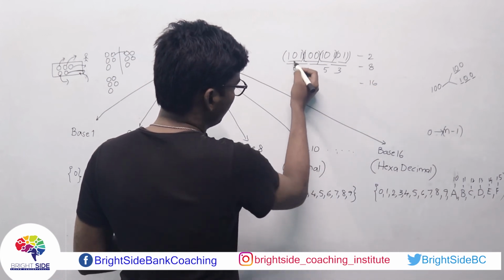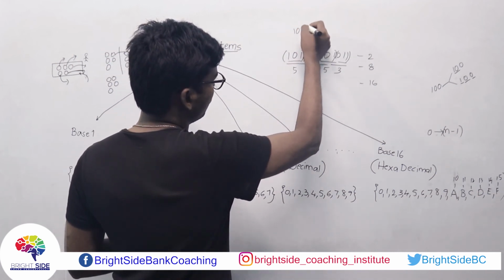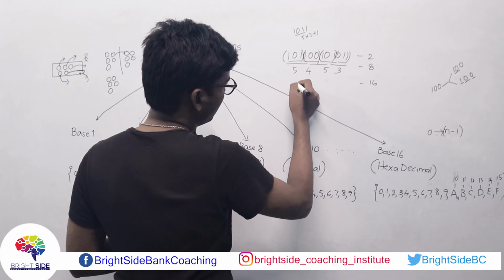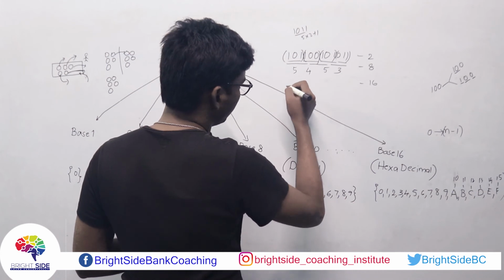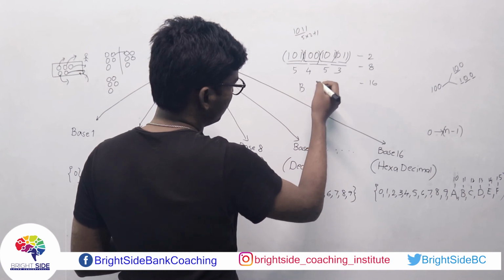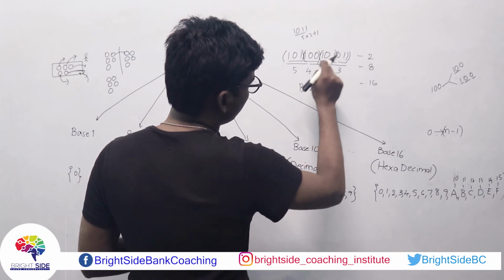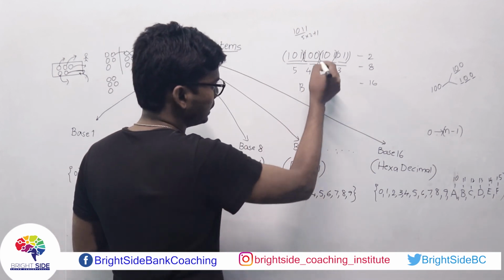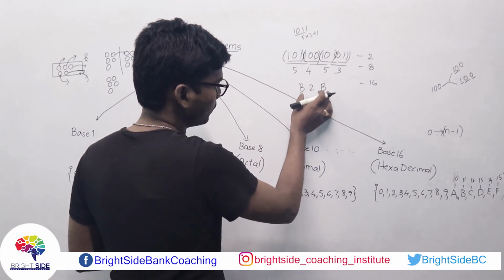So what will be 1011? 101 is 5, so 5 into 2 plus 1, that will be 11. 11 means, 10 is A, 11 is B. And 0010 is 2, so B2, and then 1011 is B, giving B2B. So this same number will be represented in the hexadecimal number system with this representation.